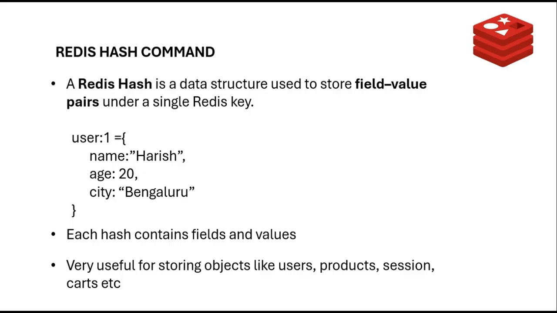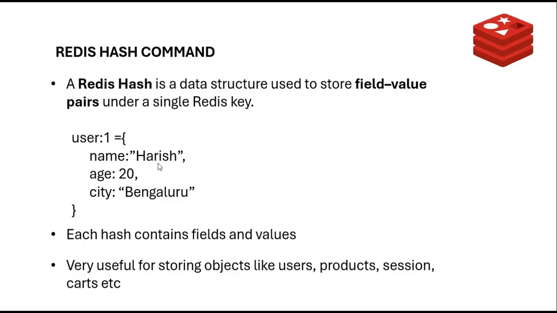A Redis hash is a data structure which is used to store field and value pairs under a single Redis key. Let's say we have a user and we want to store the information about the user under a single Redis key. Here we can declare the key as users1, and within that we can mention all the field values.